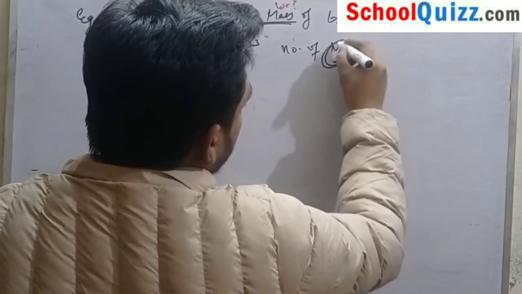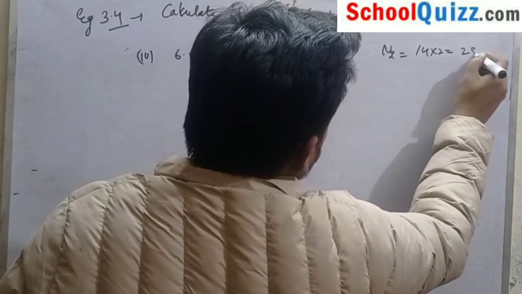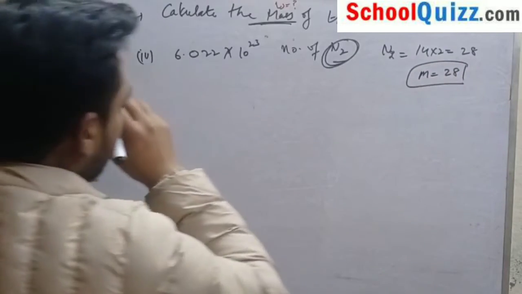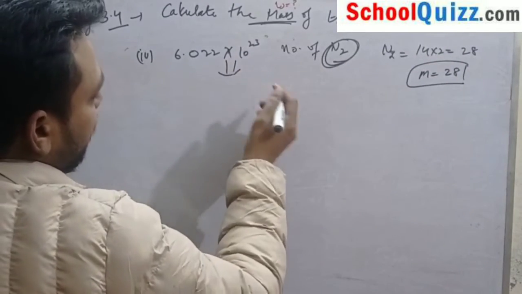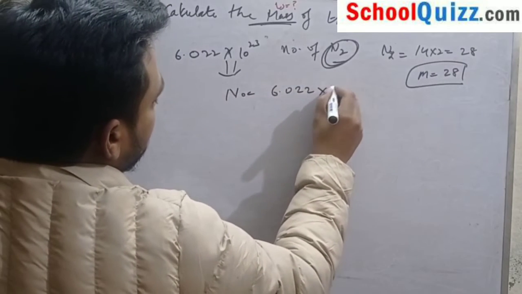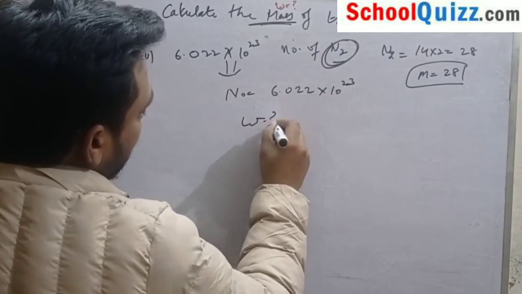Here N2 is given, that is 14 multiplied by 2, that is 28. So M value is 28. And I have got the number of molecules given, that is N naught, which is 6.022 into 10 is power 23. So W we have to find.